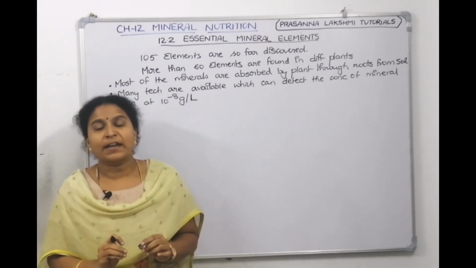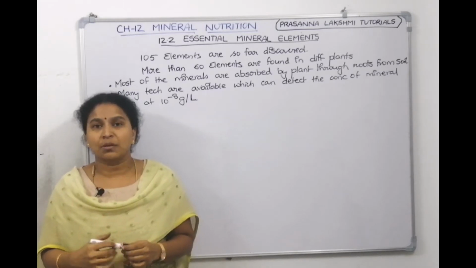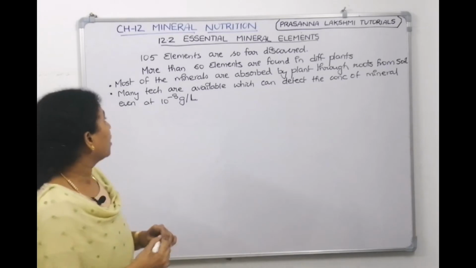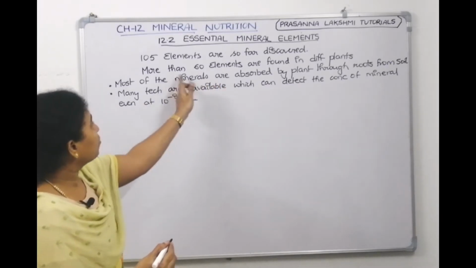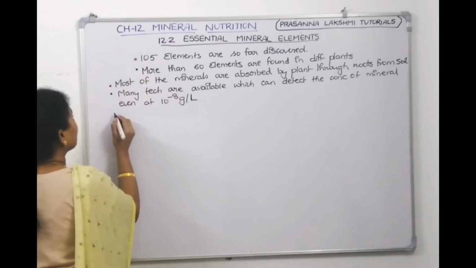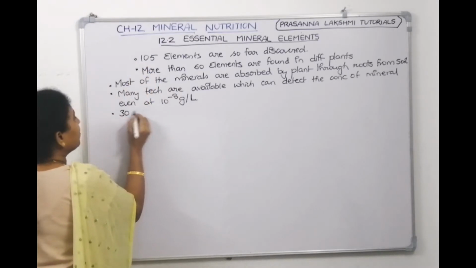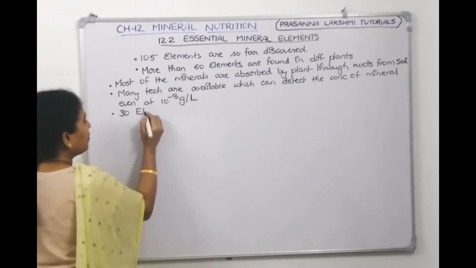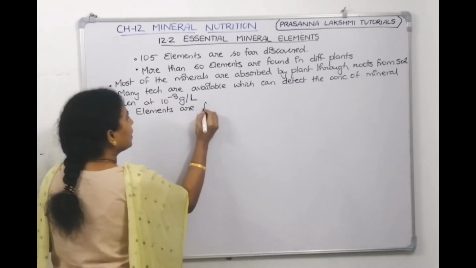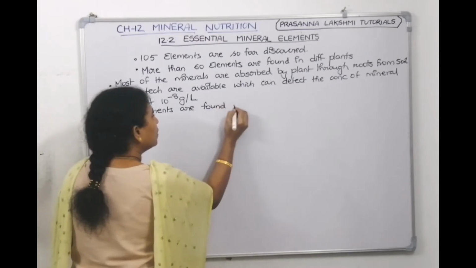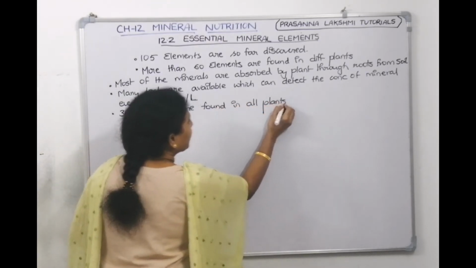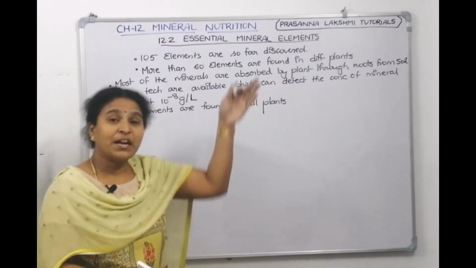Now we want to find out whether the 60 elements which plants are absorbing are all essential elements or not. More than 60 elements are found in plants, we said, right? So let us say out of this 60 we are making half. 30 elements are found in all plants. So 60 are found in different plants.